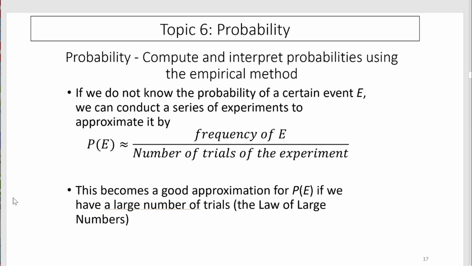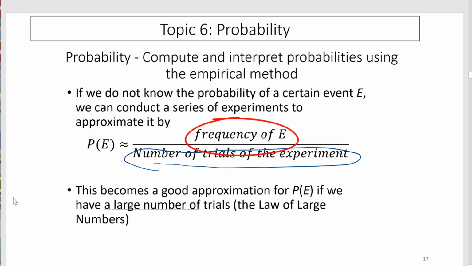Now, how do we compute probabilities? Well, in the empirical way, if we're doing an experiment, the number of trials would be on the denominator. And on the numerator is the number of times we see what it was we were looking for.